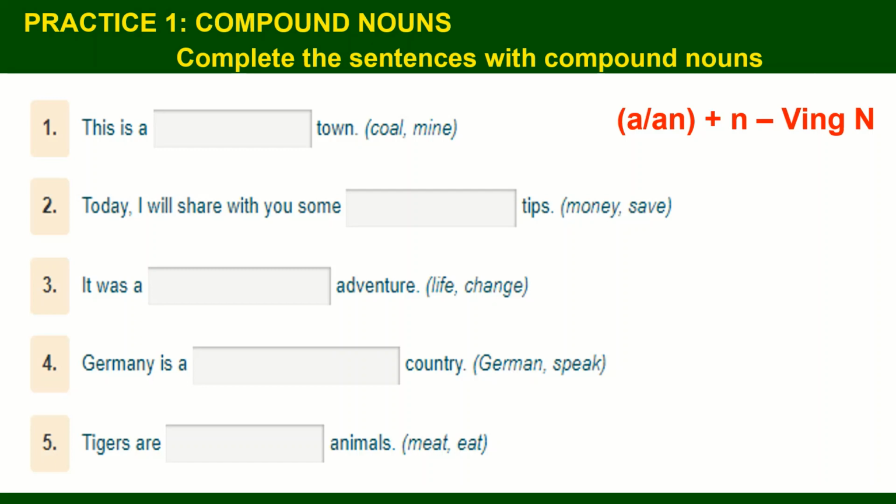Okay, now number 1. This is a town. This is an example. This is a coal mining town. Is it clear? So you look at the form and then you write down the compound nouns into each blank.